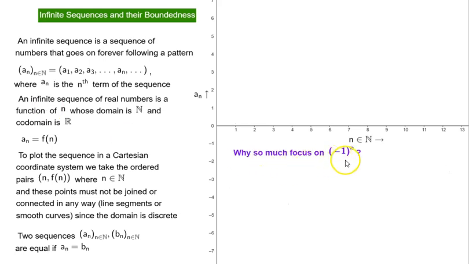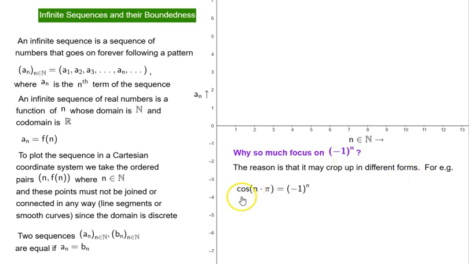Why so much focus on minus 1 to the power of n? In many of the examples, I use that. The reason is that it may crop up in different forms. For example, cos n pi generates the same sequence as minus 1 to the power of n. Similarly, sine of n pi plus pi by 2 is equal to minus 1 to the power of n.